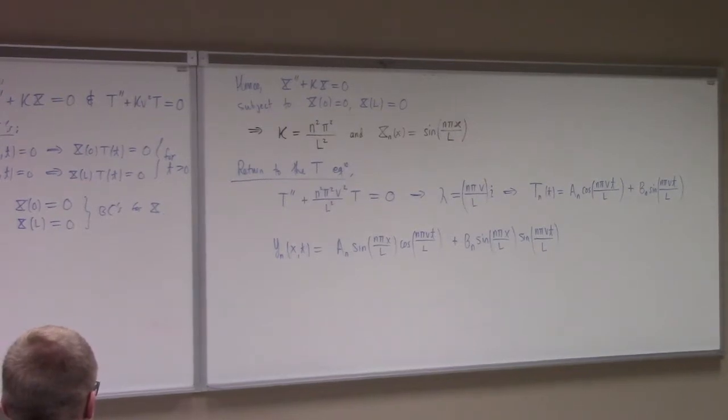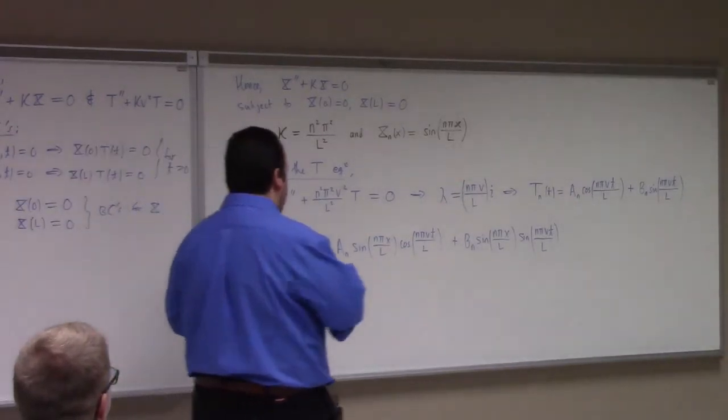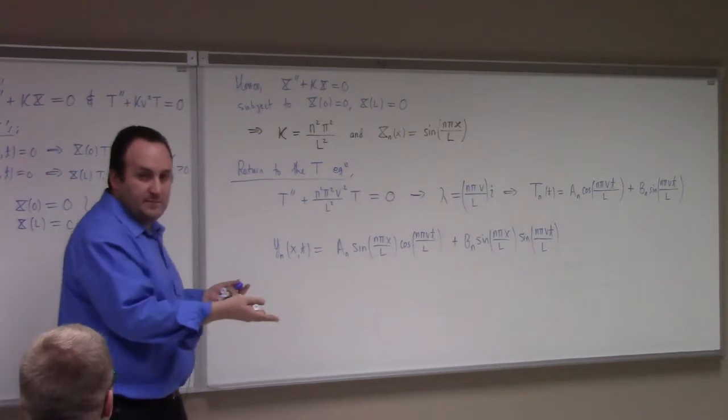Now, we have initial conditions. We have an initial velocity and also initial position of the string that we need to match. So the way to do that is to not use one of these, but to use all of them.